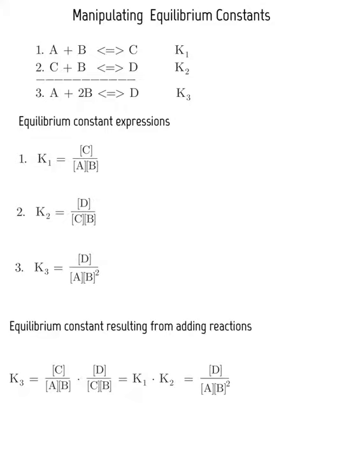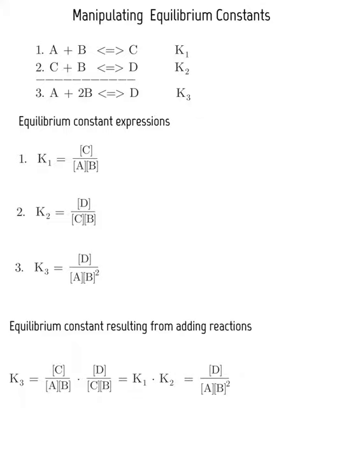So these are the major manipulations that you're going to face. You may need to multiply one reaction by a coefficient or reverse a reaction and then add them up, but you already have the tools to see how you can manipulate your equilibrium expression if you're reversing a reaction. You also have the tools to manipulate your reaction if you're multiplying it by a coefficient.